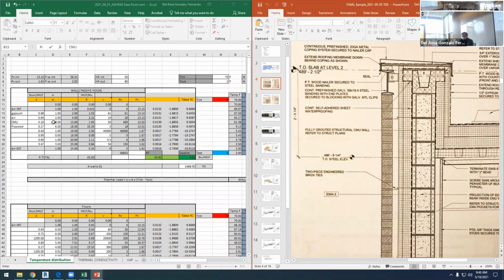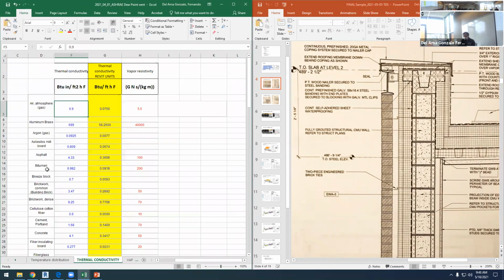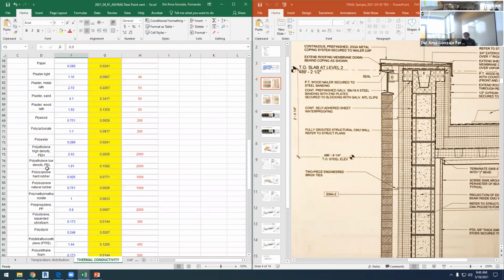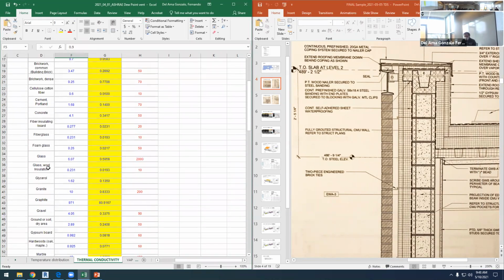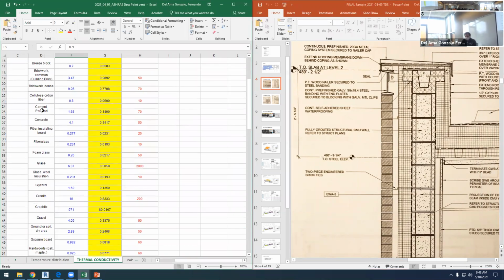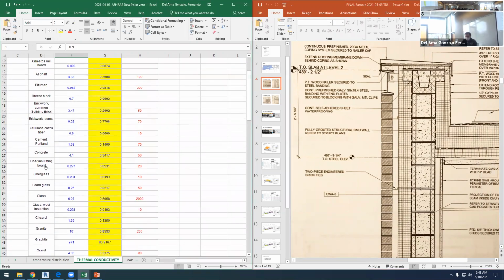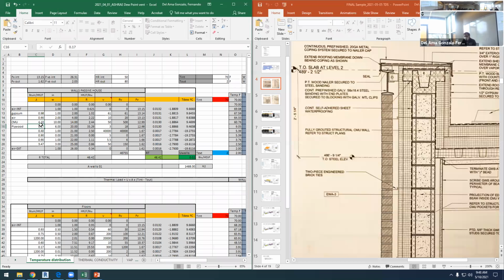So let's say 10. And if we want to know the thermal conductivity, we have to go to concrete. We don't have concrete masonry unit, but we can use this one, 4.1. It was 4.1. Okay.